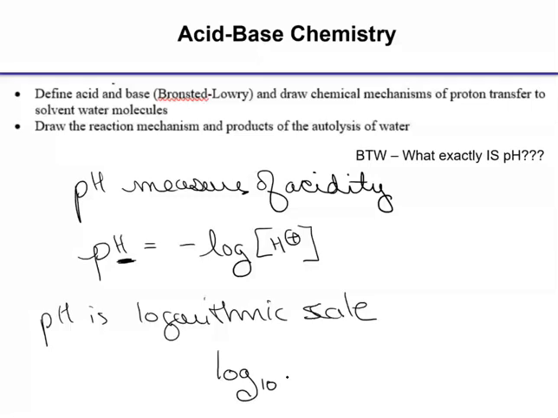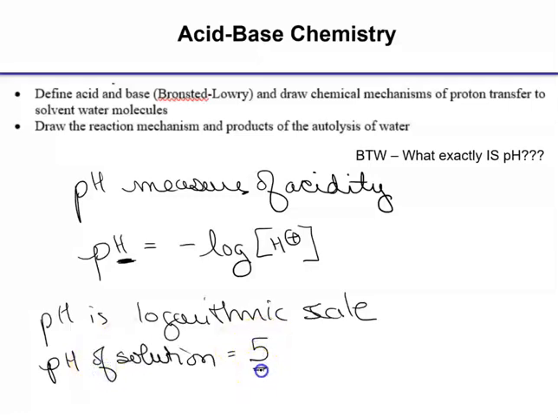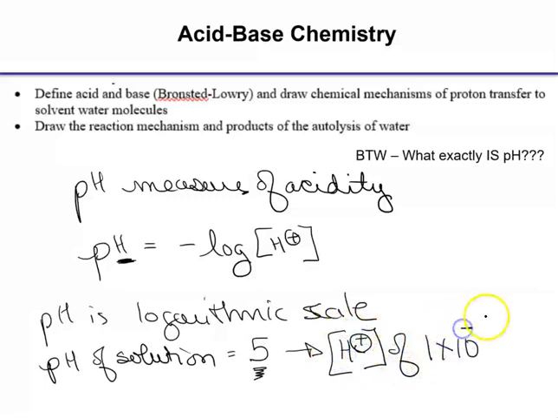So what does that mean? I'll write it this way for you. If we have a pH of a solution equal to 5, it means that there is a hydrogen ion concentration of 1 times 10 to the negative fifth molar.